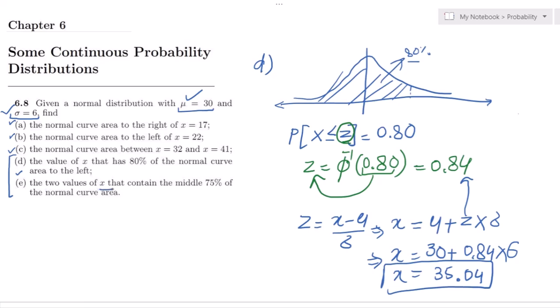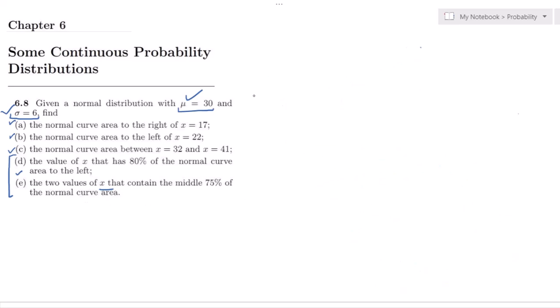The two values of x that contain the middle 75% of the normal curve area. Okay, so let us first remove it. So this is part E, and let me use the similar procedure we have used in a previous question.